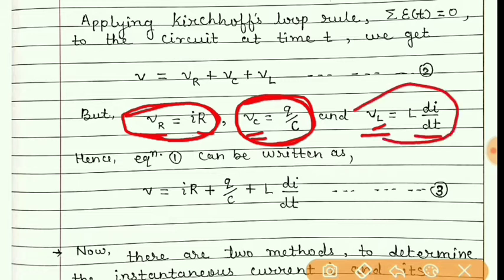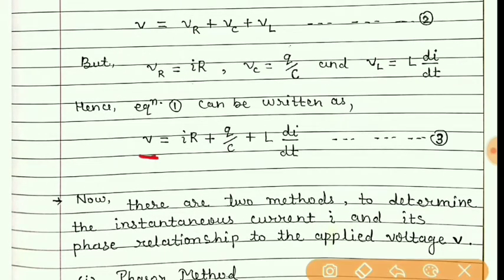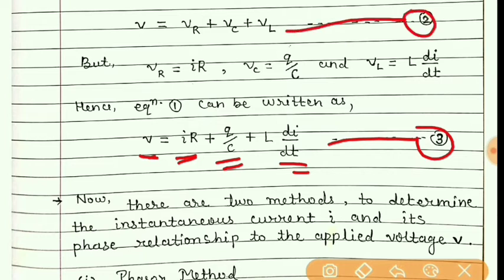This also we have used for the AC circuit consisting only of an inductor. Now using these values in the above equations, we will get V is equal to IR plus Q by C plus L di by dt. Let us give this equation number 3 and the earlier one number 2.